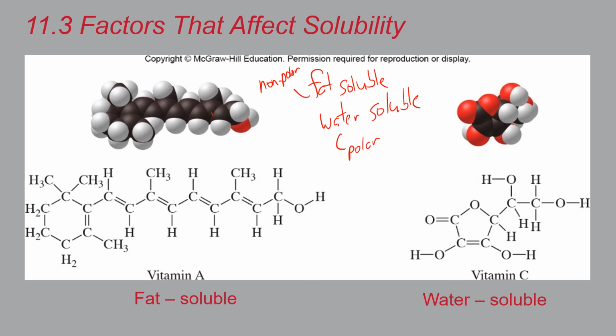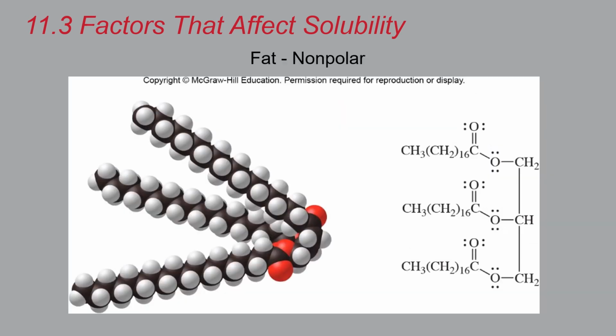So the goal here is to figure out factors that would make something dissolve in something else or not. So let's actually talk about the nonpolar stuff, the fat. So this is kind of what fat looks like. This is a generic triglyceride. There is a little bit of oxygen, carbon, oxygen, hydrogen bonds right here, shown right there.